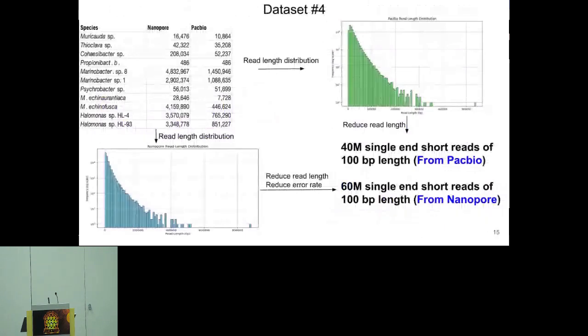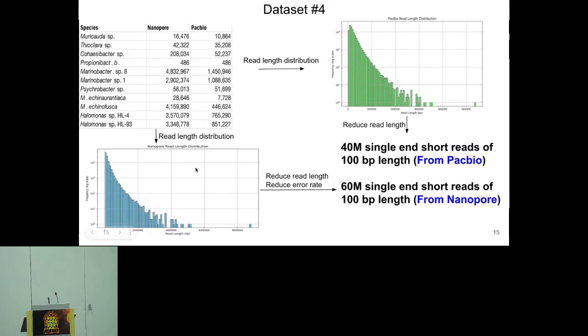For data set 4, where Nanopore and PacBio reads were present, for PacBio, because the error rates are very low, we directly convert these reads to short reads, right?